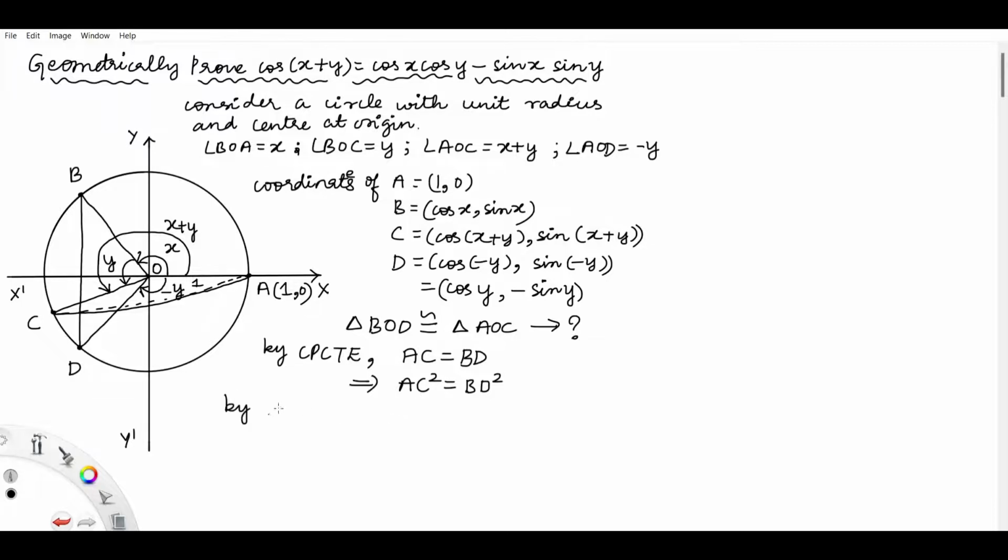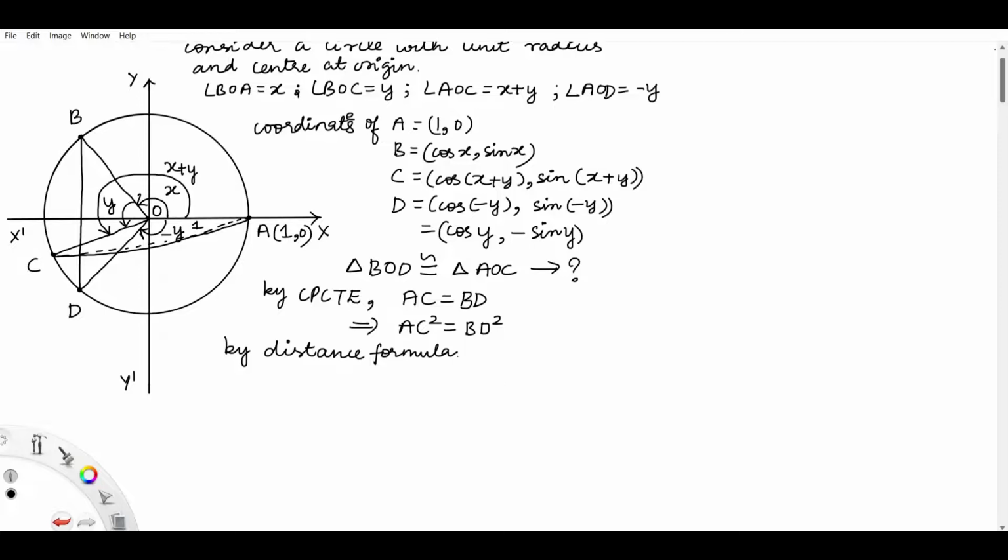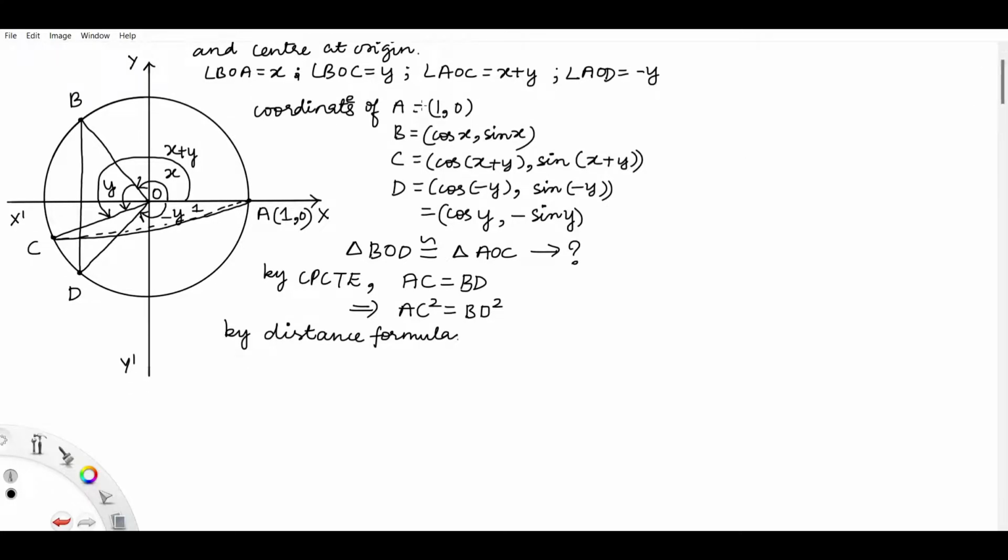Next, I am going to use the distance formula. What will be AC if we use the distance formula? We know the coordinates of A, we know the coordinates of C. So what is the distance formula? The distance formula is root of x2 minus x1 the whole square plus y2 minus y1 the whole square.